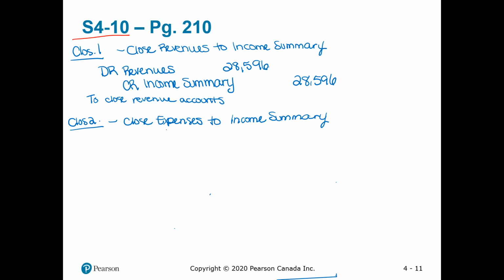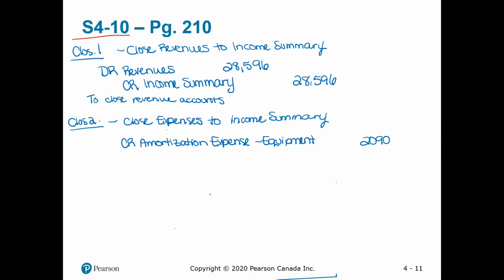So what is the normal balance for an expense? Right, it's a debit. So we need to do the opposite. So we're going to credit amortization expense for equipment. And that was for $2,090.